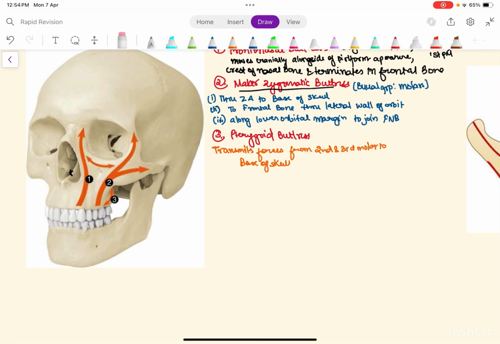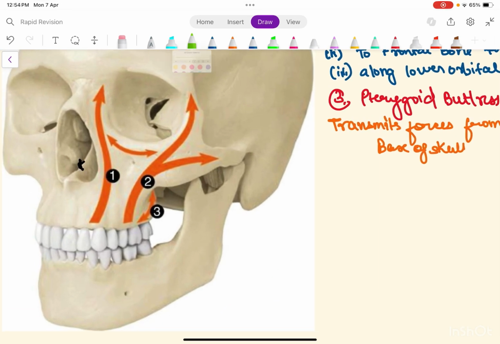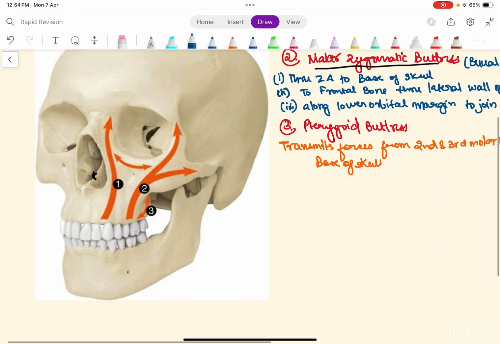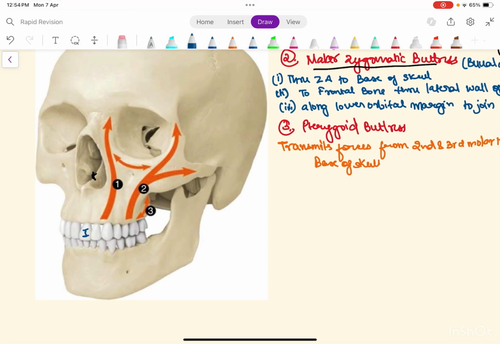All right, so let's go through it once again. This is incisors, canines and first premolar. From these it goes around the piriform aperture, along the nasal crest of the nasal bone, then to the frontal bone. So number one is the frontonasal buttress.